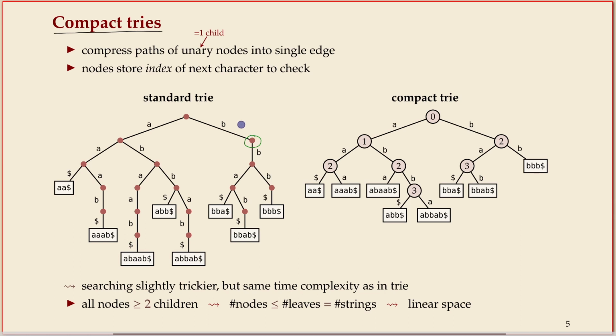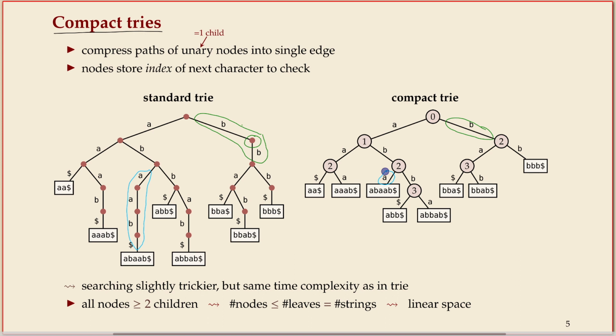And so what you do is you contract that into this edge. So that becomes just this one edge. I'll talk about the labels on the edge in a second, but let's do another example here. It could be one of these long branches down to a leaf. These we also compact down to a single edge here. And you do this all the way in the trie. So whenever you have a node that has a single child, you can contract it into a single edge.